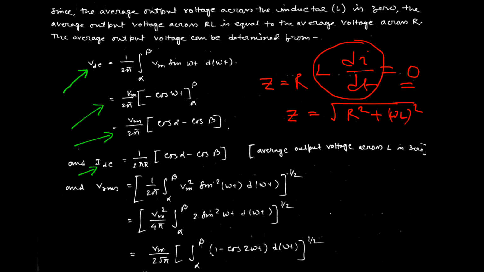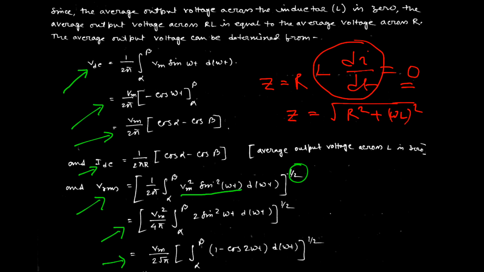Now we are going to calculate the V RMS, that is root mean square. V RMS equals the square root of 1 by 2 pi times the integration from alpha to beta of Vm sin omega t whole square, that is Vm square sin square omega t d omega t. After simplification, we have Vm square by 4 pi times the integration from alpha to beta of 2 sin square omega t d omega t, under root.